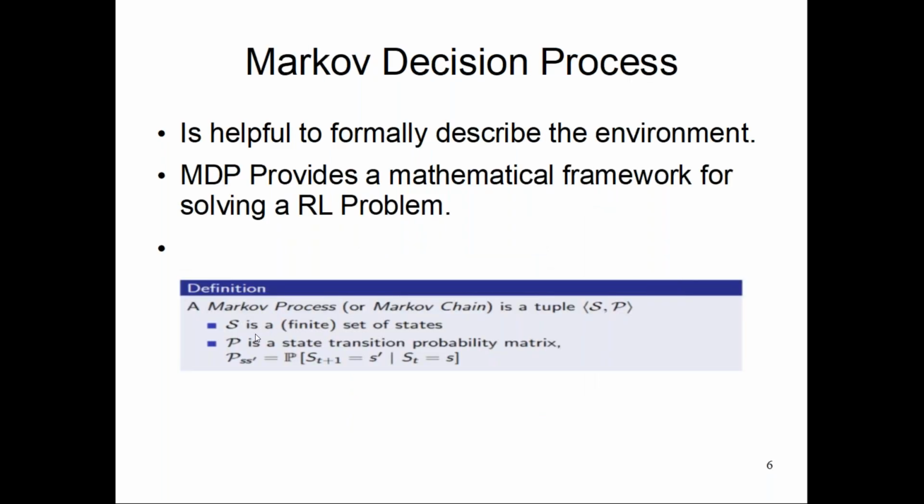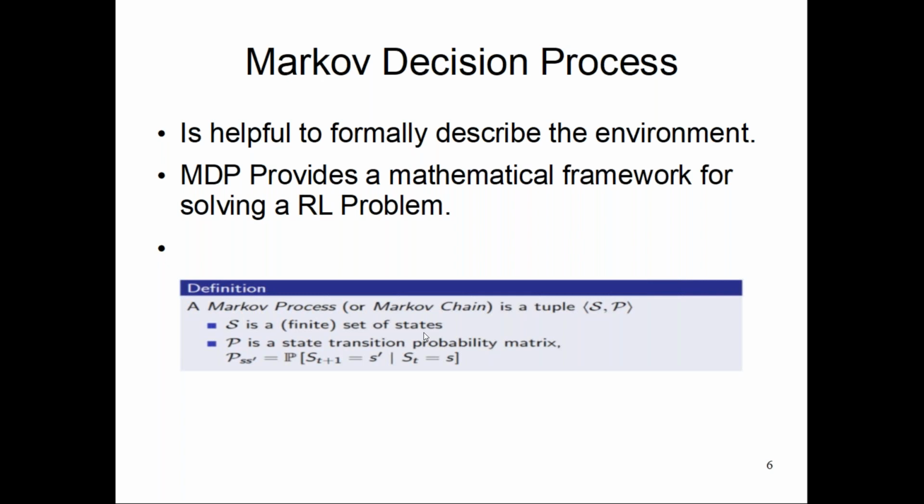S is a finite set of states, the various states within an environment. When the agent takes an action, it goes on to each of the states S1, S2, S3 onwards. And P is the state transition probability.